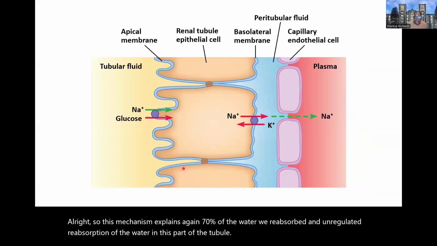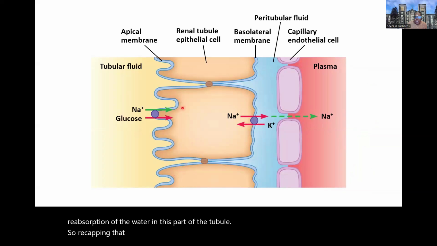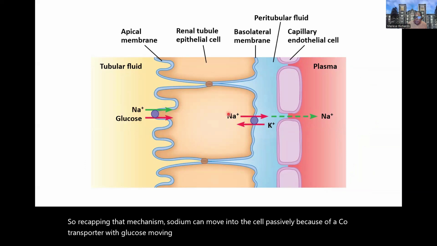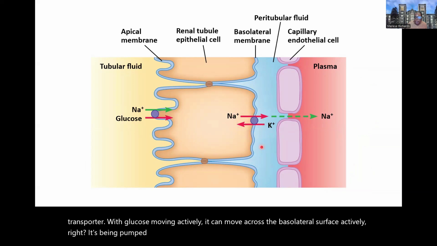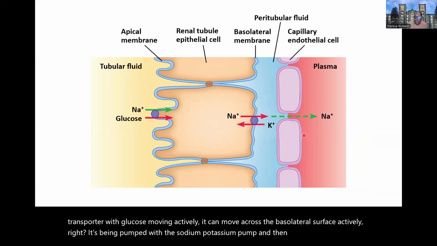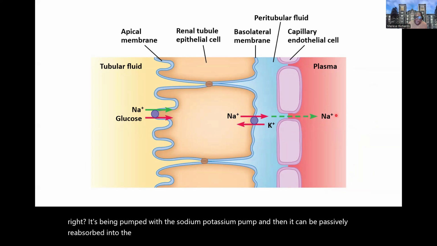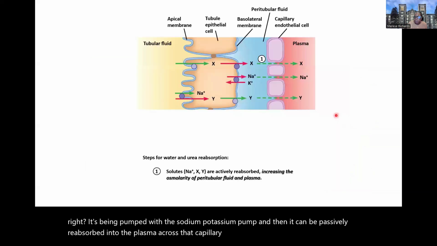So recapping that mechanism, sodium can move into the cell passively because of a co-transporter with glucose moving actively. It can move across the basolateral surface actively, right? It's being pumped with the sodium-potassium pump, and then it can be passively reabsorbed into the plasma across that capillary endothelial cell.